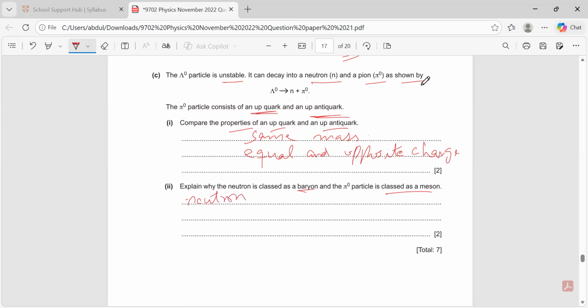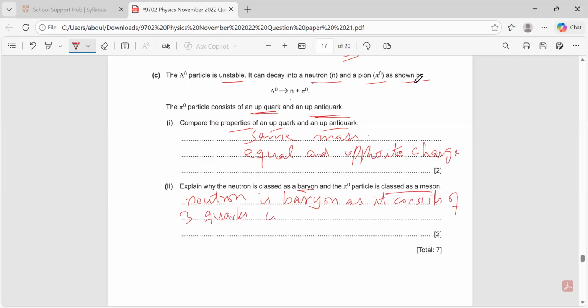This is simple memorization and you must remember their charges and these properties very close to the exam. Neutron is a baryon as it consists of 3 quarks. Whenever there are 3 quarks, it means baryon.